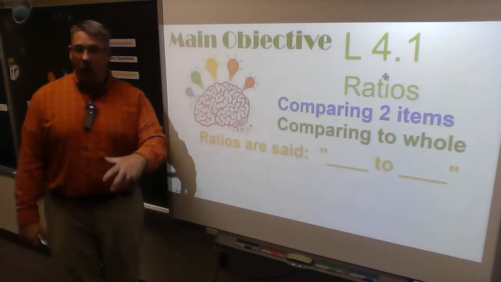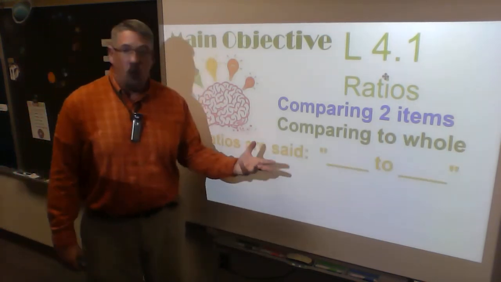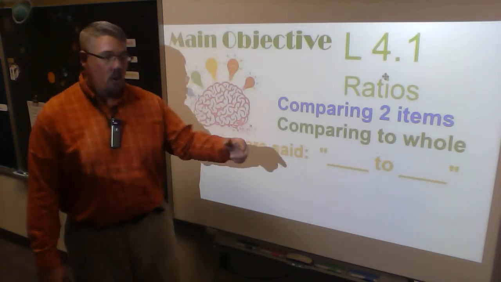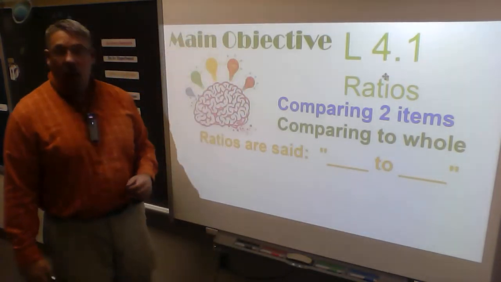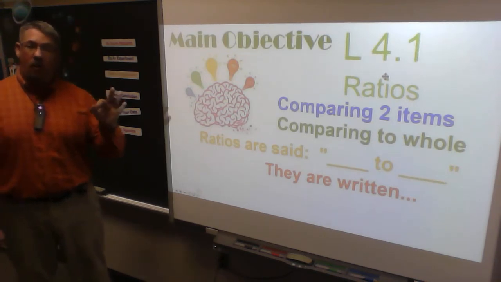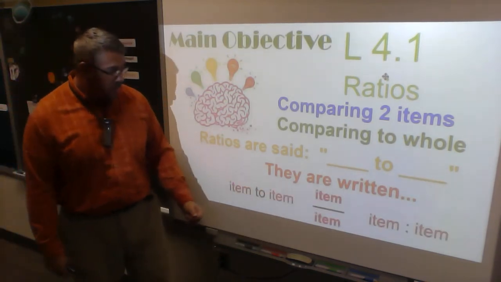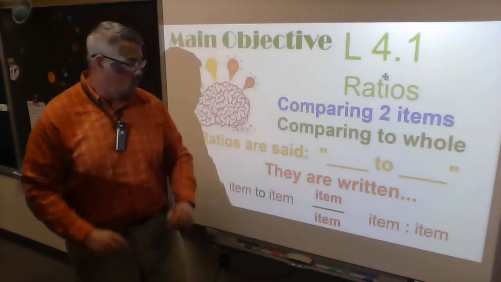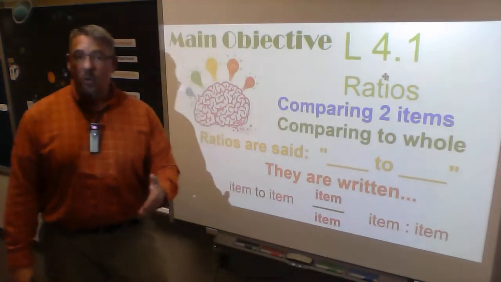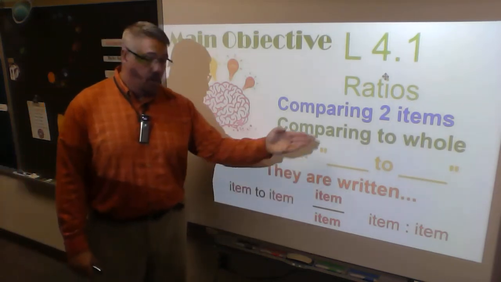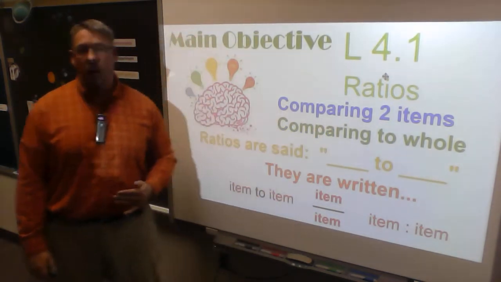When I say a ratio, I'm always going to say the first item or the first number, to, the second one. And there are always 3 different ways that I can write a ratio. I can write it with the word to, or in what looks like a fraction form, or with the colon, all of which are going to be said, the first item to the second item.